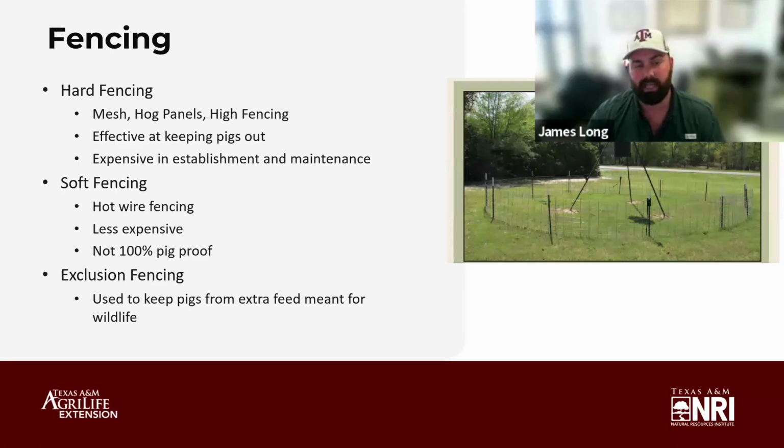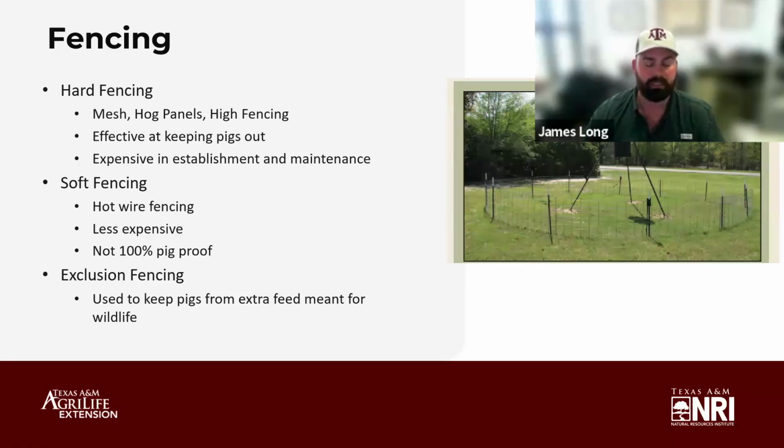The upside is that it is less expensive than traditional hard fencing. It's relatively easy to move, so you don't necessarily have to fence the whole property. You can fence high value parts of the property or parts where you're seeing extensive damage. And when we talk about, again, fragmented landscapes and smaller landowners, this may be more feasible for them to put in and help at least reduce some of the damage.